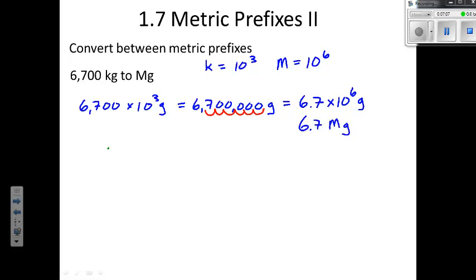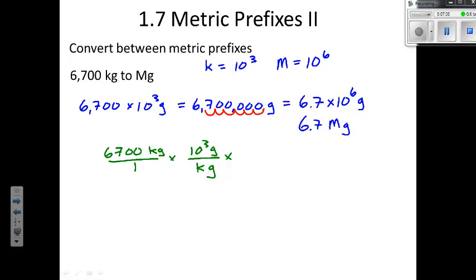So we take our starting kilogram as one factor, and then I want kilogram to cancel out, so I use the conversion 10 to the third gram per kilogram, which is 1. Replace k by 10 to the third, and I cancel out the kilogram.